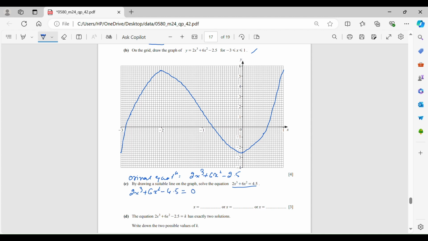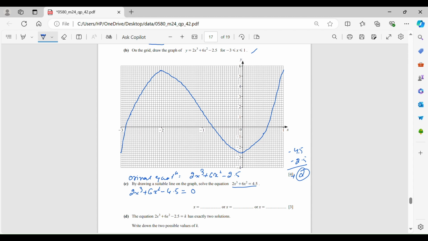Right. Now we have a difference of only, between minus 4.5 and minus 2.5, a difference of 2, right? So we will add 2 to both sides.